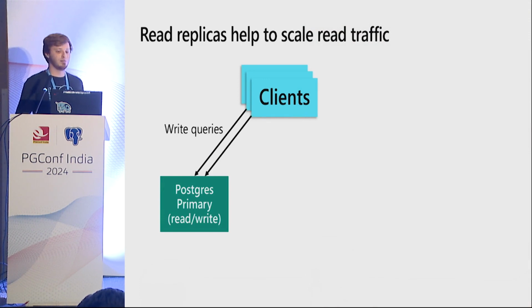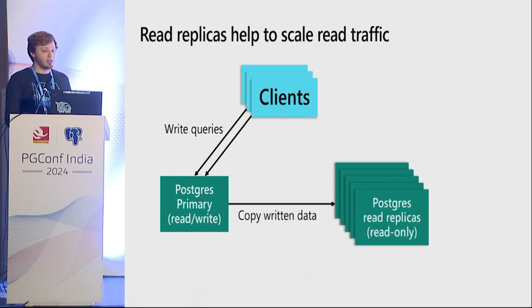One very common way of doing that is read replicas. This way you send all your write queries to what's called the Postgres primary. This can handle read and write queries, but you only really want to send your write queries there. And when you write to the database, everything that is written there, because of those queries you sent, will be copied to a bunch of other servers.